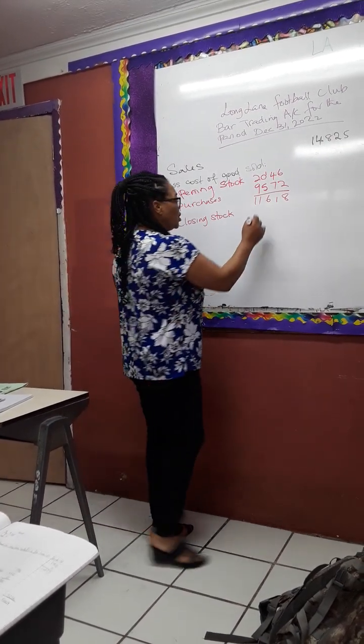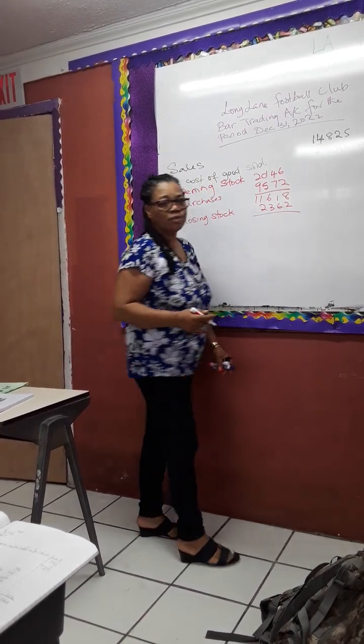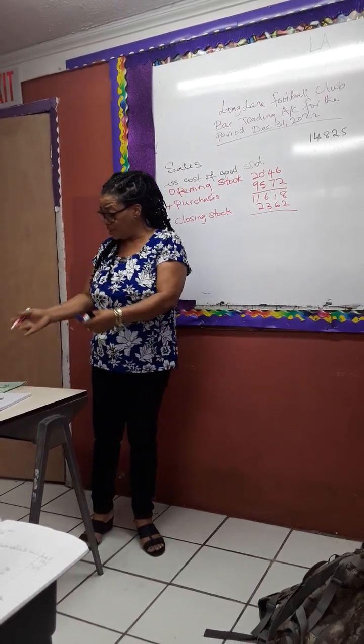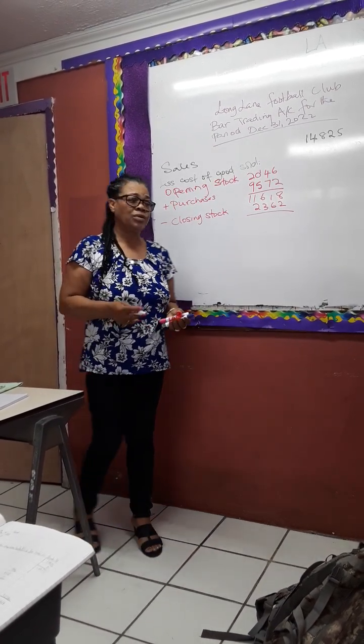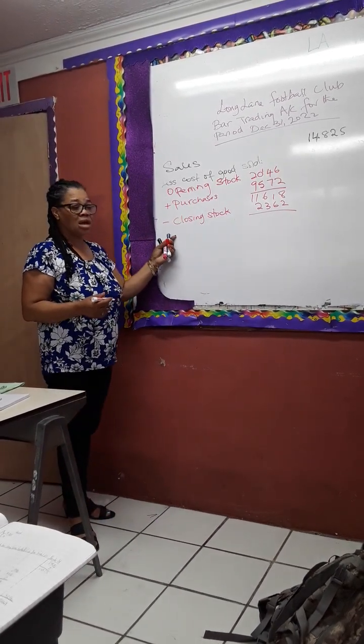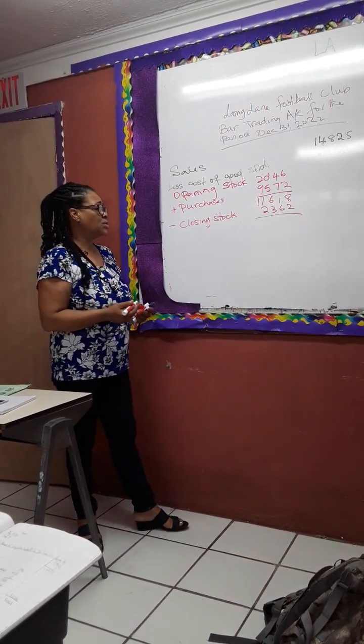2,362, which I always find in the notes, whether the notes are at the top or at the bottom. I look for my closing stock, and I'm subtracting it from my cost of goods available.